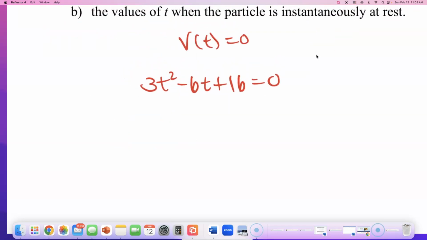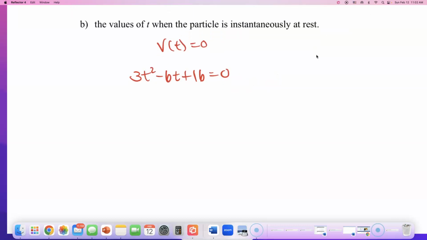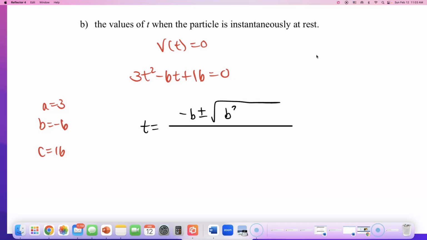Ugh, I don't think this is factorable. I tried to factor 3 out, but I don't think it's going to work. So let's just jump right into the quadratic formula, where a is 3, b is negative 6, and c is 16. Using the quadratic formula, we'll be able to find the t value. Negative b plus or minus the square root of b squared minus 4ac, all over 2a.